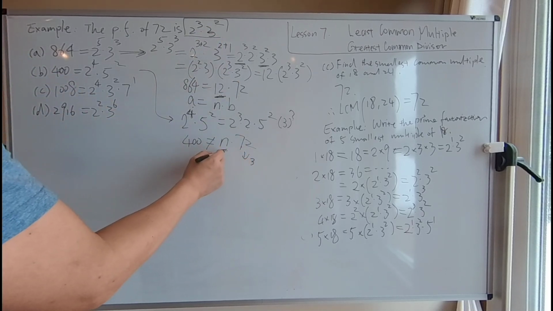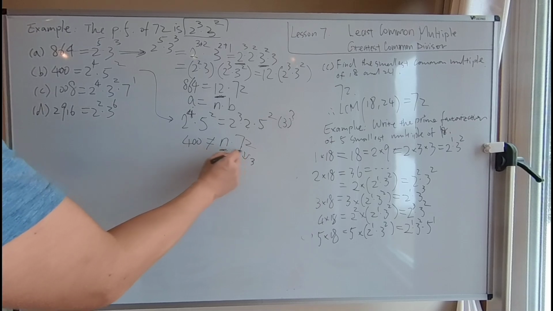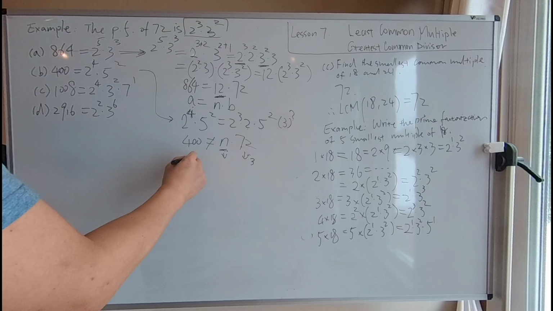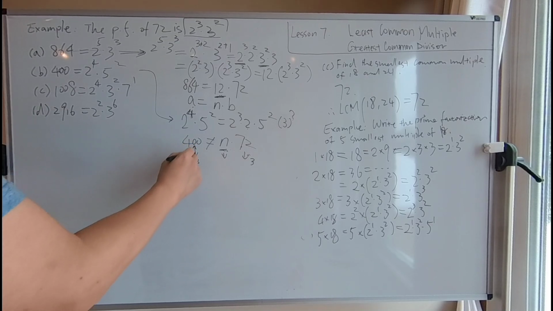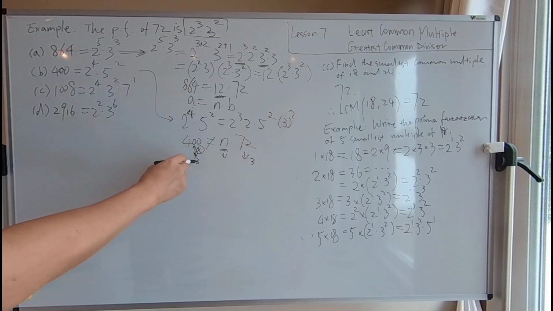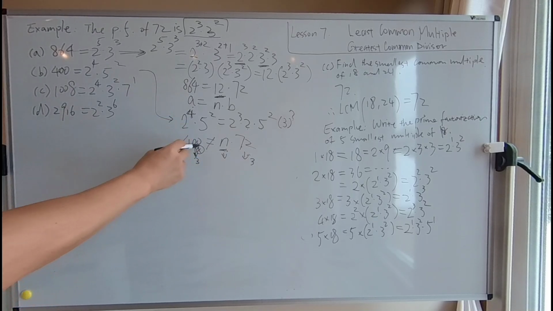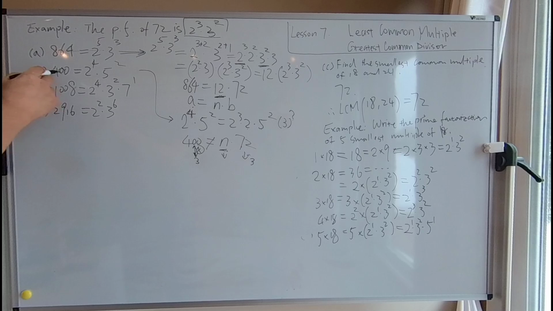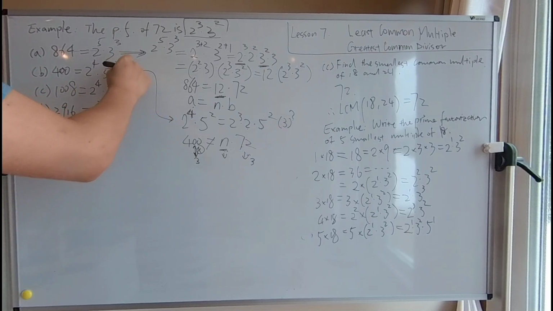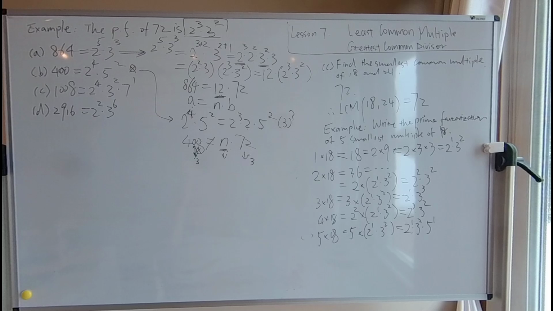And if this is an integer, then the multiplication should contain at least one factor of 3. But the number 400 has no way to contain the factor of 3. So this proves that the number 400 is not a multiple of 72.